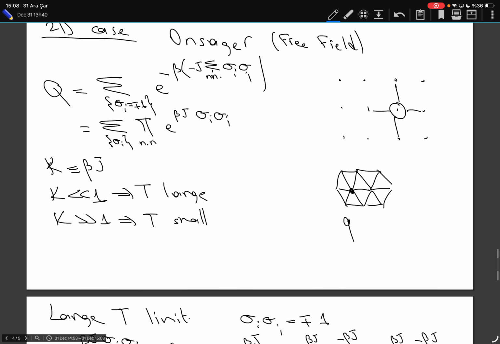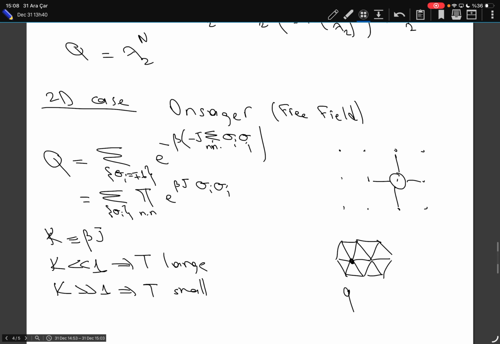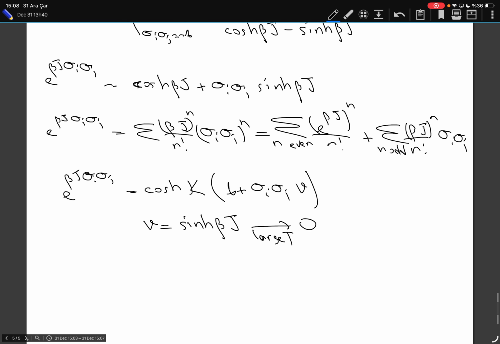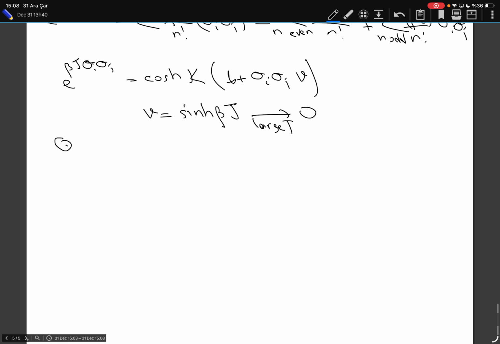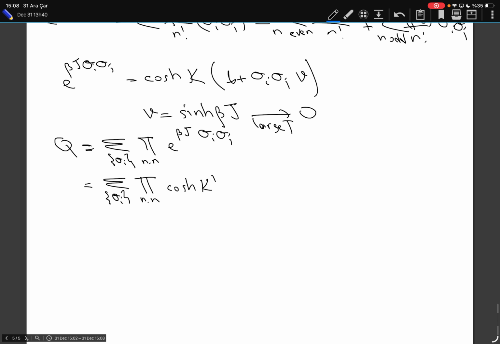Now let's go back here. Q is the sum over all possible values of sigma i's, product over nearest neighbors of cosh beta j times 1 plus sigma i sigma j v.